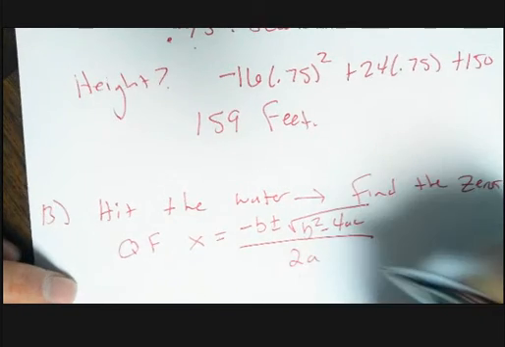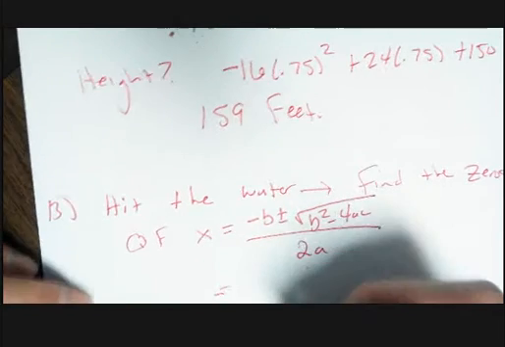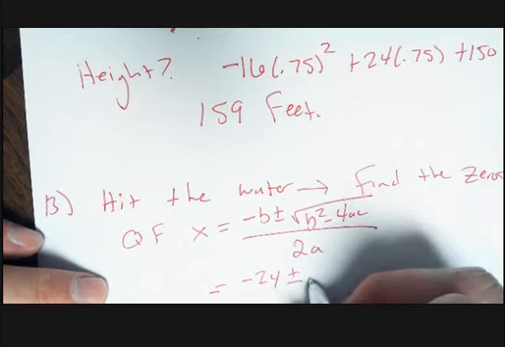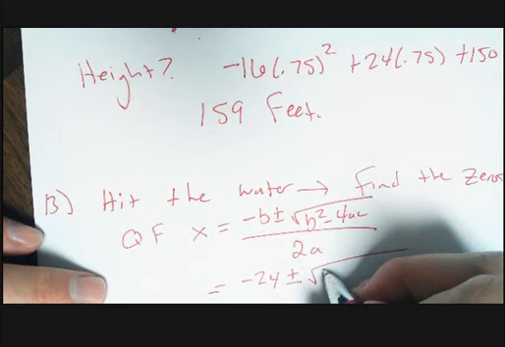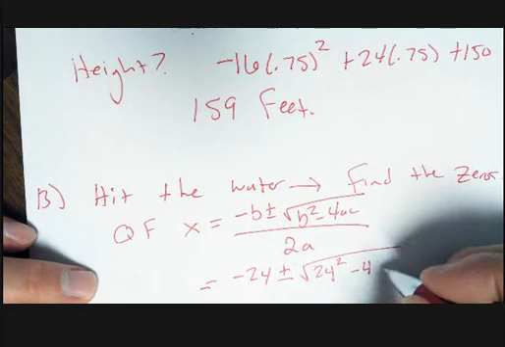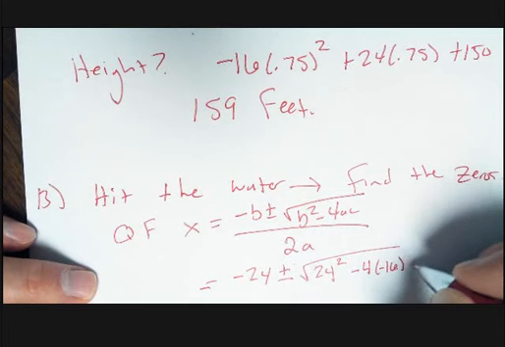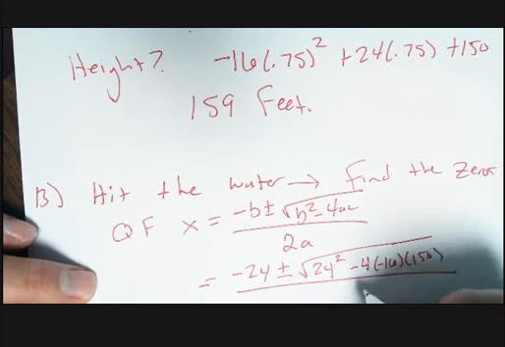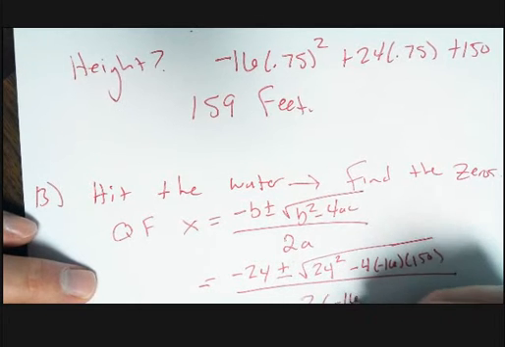And we're just going to substitute our values in. We've got the opposite of b, which is negative 24, plus or minus the square root of 24 squared minus 4 times negative 16 times 150, and then all over 2 times negative 16.